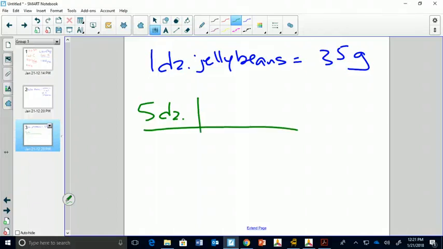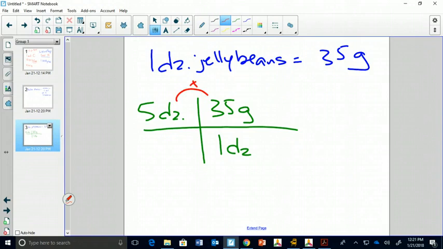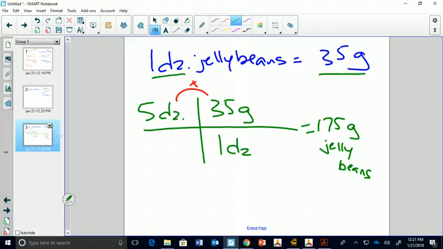I'll make my same skeleton, and I would have that 1 dozen jelly beans equals 35 grams. So basically, I'm just multiplying these two together. 5 times 35, of course, will give you 175 grams of jelly beans. So now we've used this conversion, an amount, 1 dozen, and a mass, to transform something from an amount to a mass.